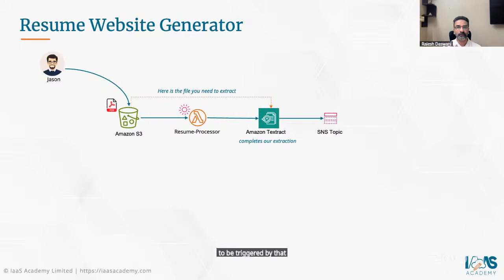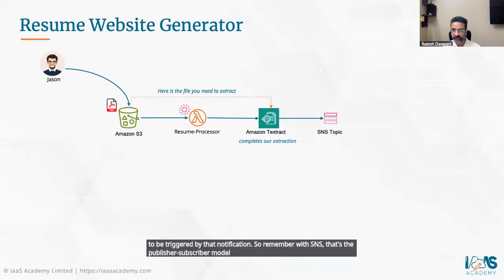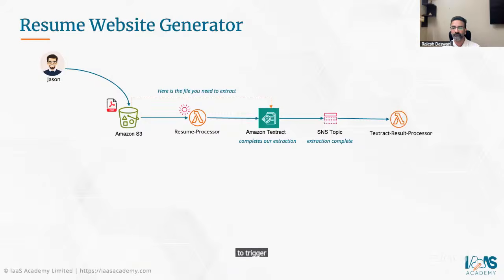So remember with SNS, that's a publisher subscriber model. You can send out notifications to not just email and SMS, but to other services like Lambda, HTTPS endpoints, and so on and so forth. Here we are using SNS to trigger yet another Lambda function that's going to process that extracted data.